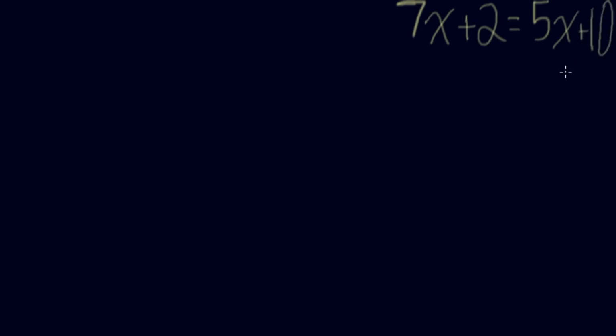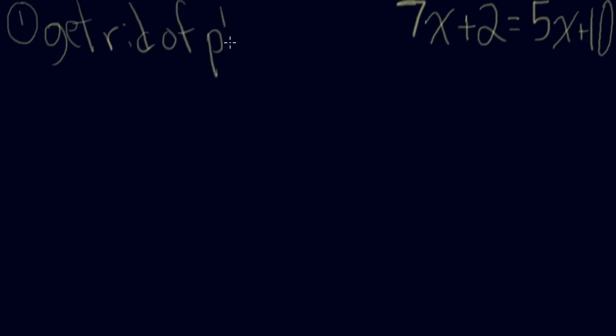There we go. Okay, so what kind of rules do we need? Number one, you want to get rid of what I like to call the plain numbers on the left. These are the constants.